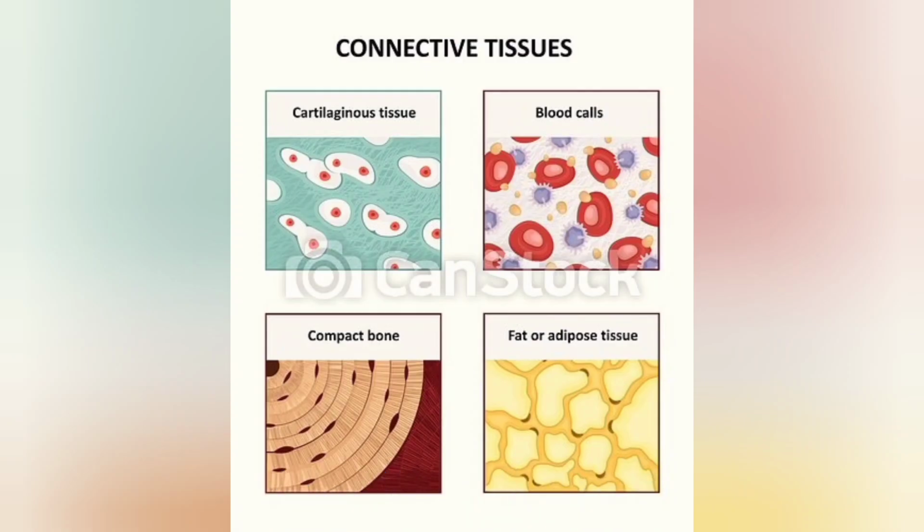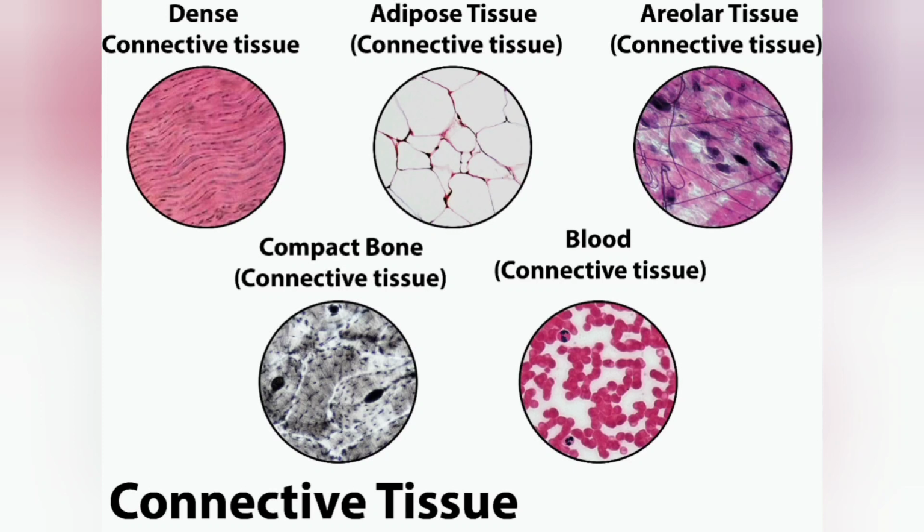Different types of connective tissues have different types of living cells, and as a whole they help in packing, transporting, supporting, storage, defense and repair. So now, what are the different types of connective tissue?